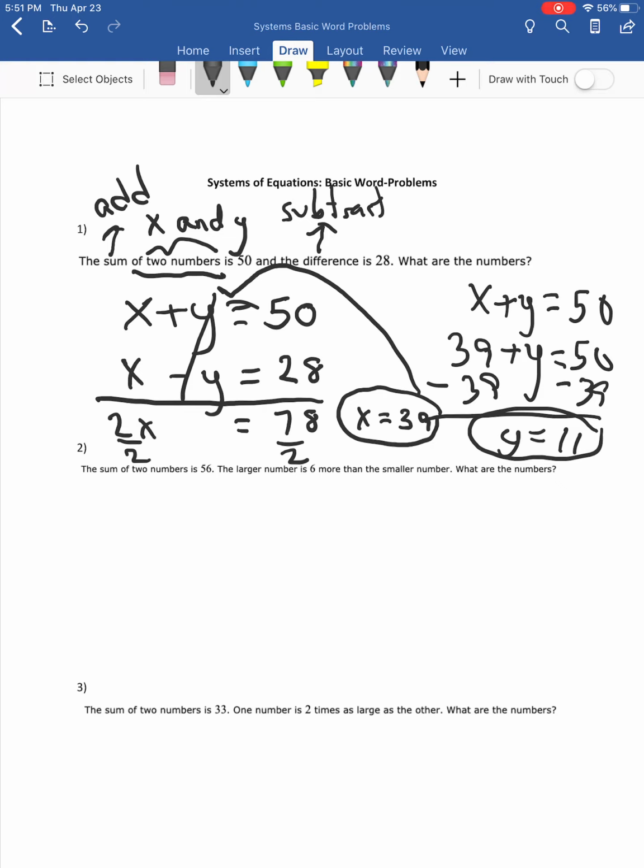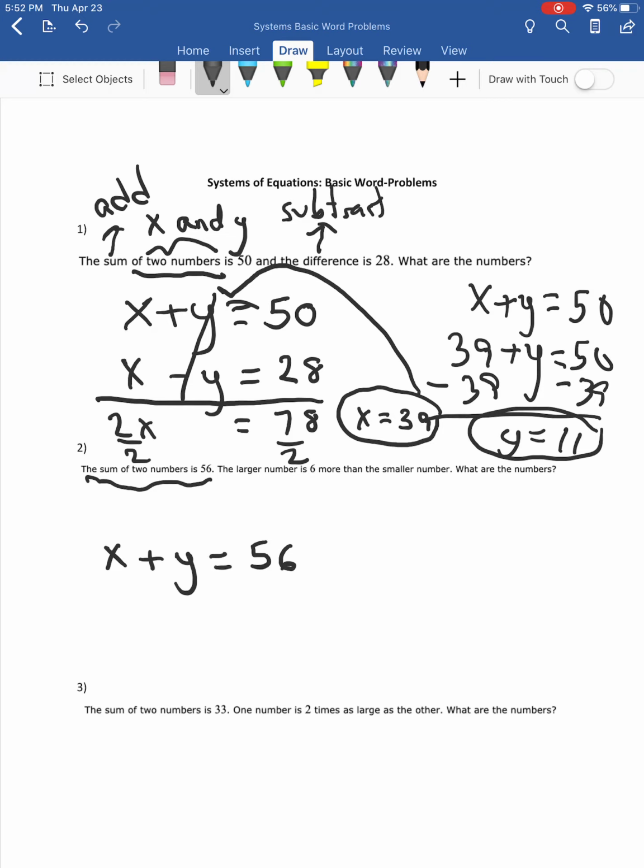All right, number two, the sum of two numbers is 56. Okay, so that's going to be x plus y is 56. Now it says the larger number is 6 more than the smaller number.